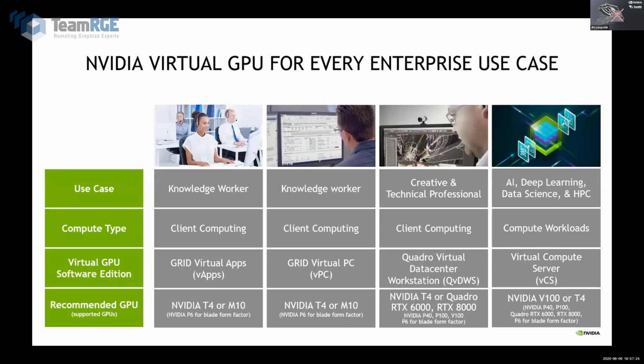As I mentioned, we have 4 licenses available today. Starting from the left, more for the knowledge worker use case on an RDSH environment, or Citrix XenApp, Horizon Apps. So when you are using a server operating system, we have the virtual apps. Then next to that, we have our virtual PC. This is the Windows 10 Office productivity user. And then, of course, when you really need all the features that are available within vGPU, like the ECC page retirement, the Quadro support with your certification for all these heavy graphics applications that really rely on graphics.